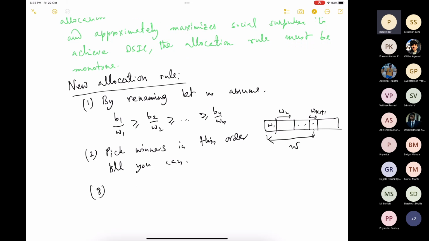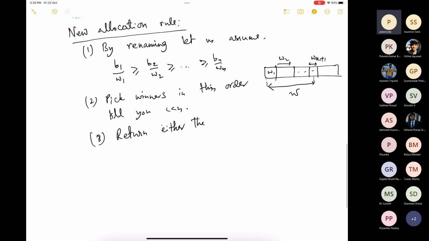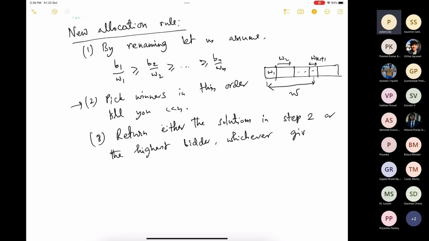Now third step, return either the solution in step 2, that means the items you have picked in this step, or the highest bidder, whichever is maximum, whichever gives more surplus.